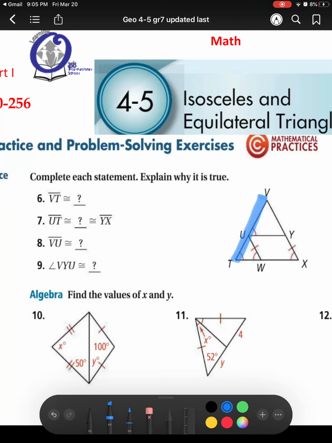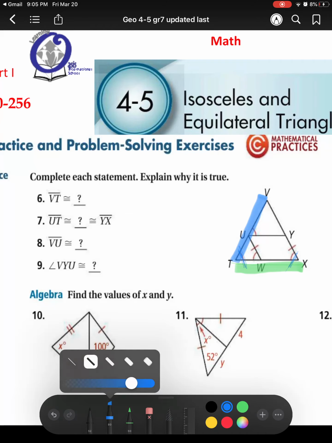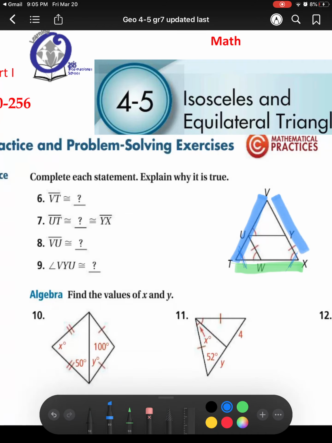I can see easily that angle T is congruent to angle X. So this is my base. So where is the other leg? This is my other leg. So I will write VX. Why am I doing this? I have to highlight the base to know where the other leg is, since the base angles are congruent.